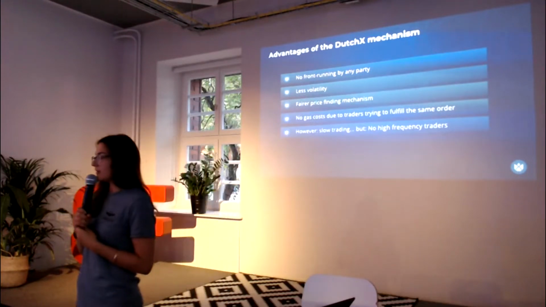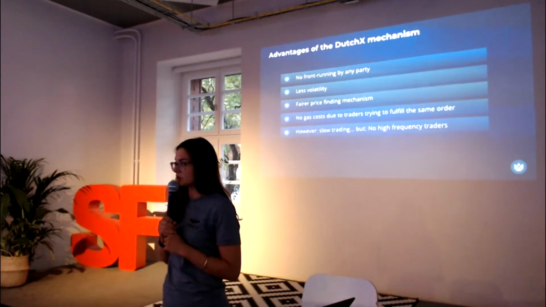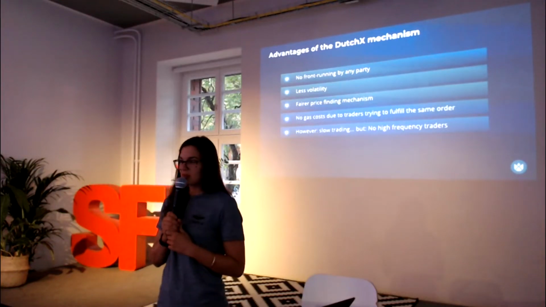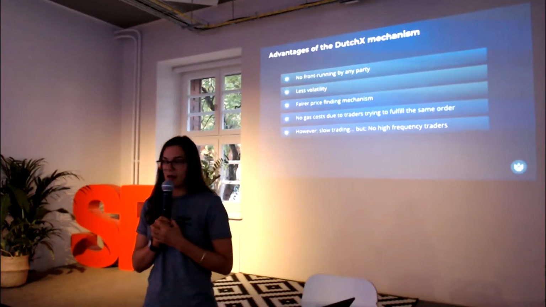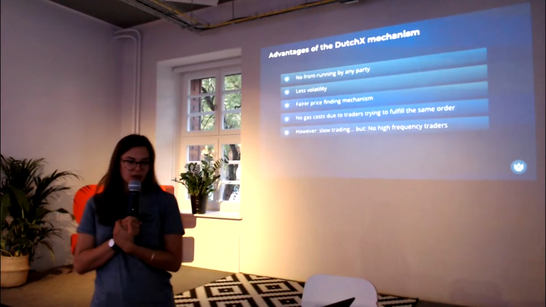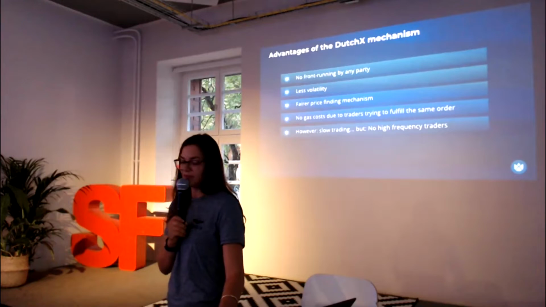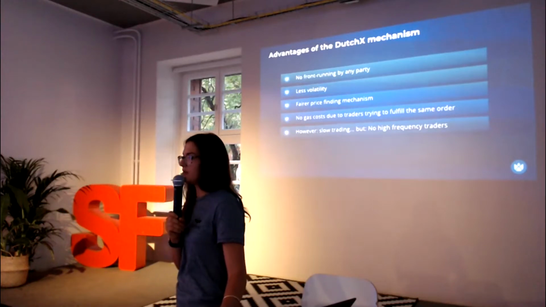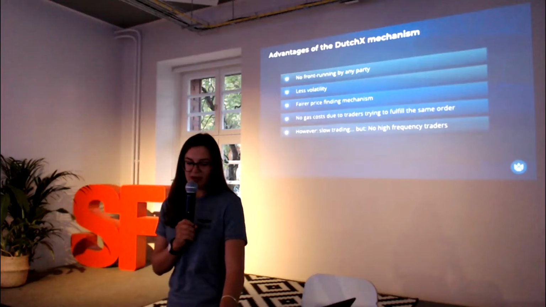We also believe it's a much fairer price finding mechanism by applying these auction mechanisms. There are also no gas costs incurred by traders trying to fulfill the same order. And not lastly, but obviously due to the speed, you also don't have high frequency traders, which in our opinion really extract value out of the exchange or the market.